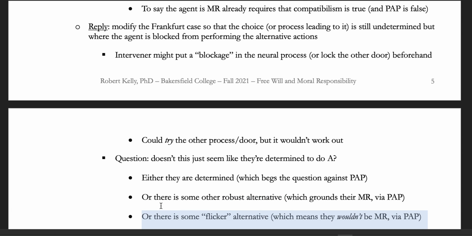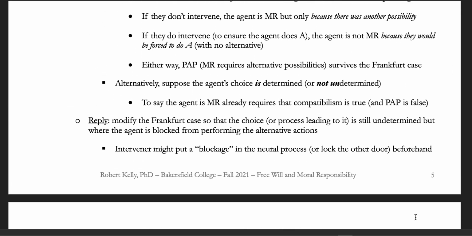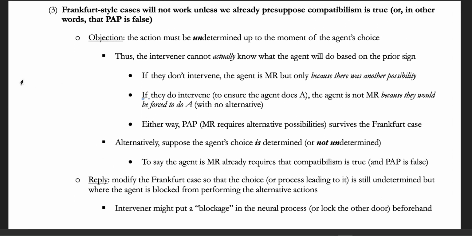If it's not robust, if it's a flicker, why can't we just use John Martin Fischer's principle and say that's not enough to ground responsibility? Therefore, they wouldn't be responsible, right? Because they didn't have a robust alternative. So, again, the reply is, Frankfurt cases seem like they have to presuppose compatibilism. They have to presuppose that PAP is false. They were supposed to lead us there and show us that PAP is false. But they don't.